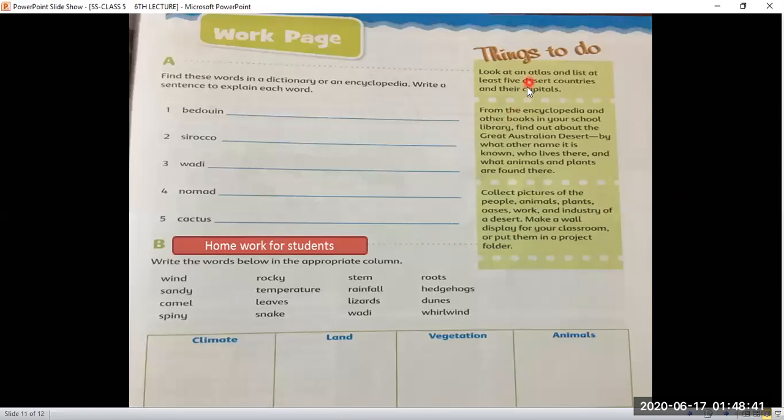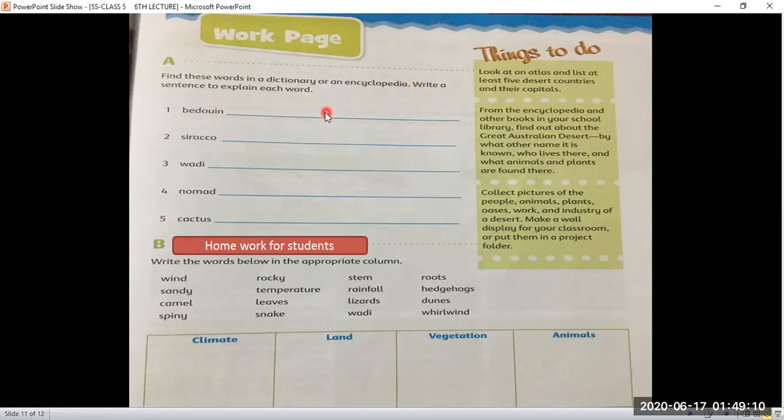Now we are doing our work page. Work page, exercise A: find the words in a dictionary or an encyclopedia. Write a sentence to explain each word. So I have solved this exercise A. What is the meaning of Badu?